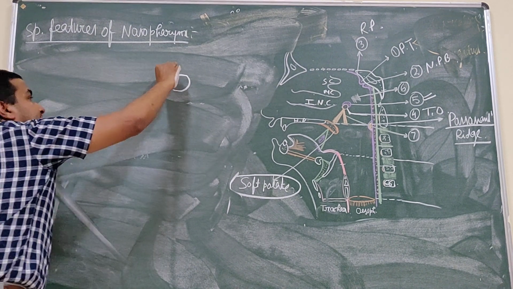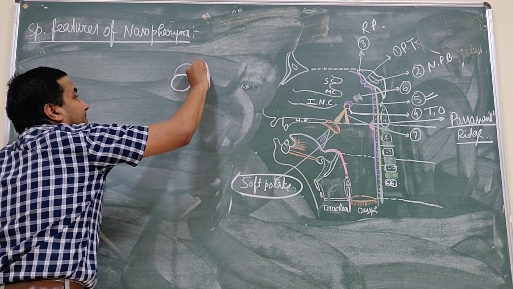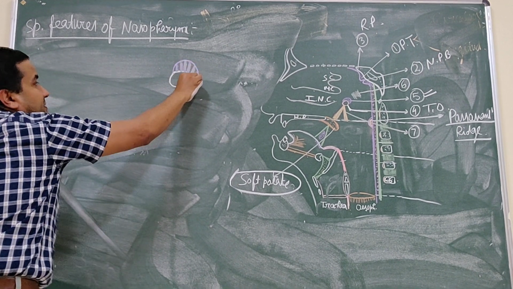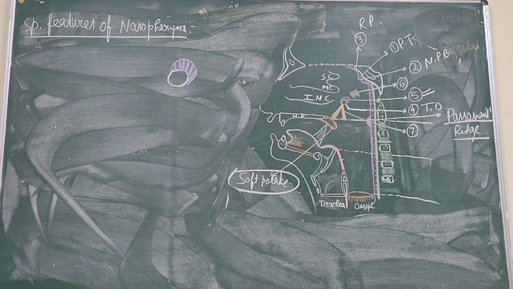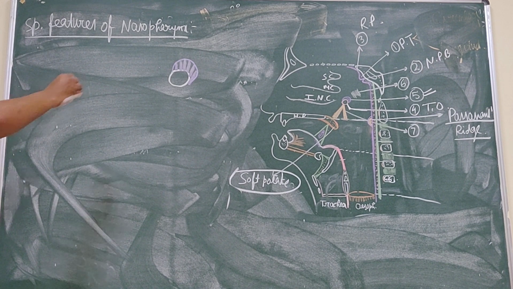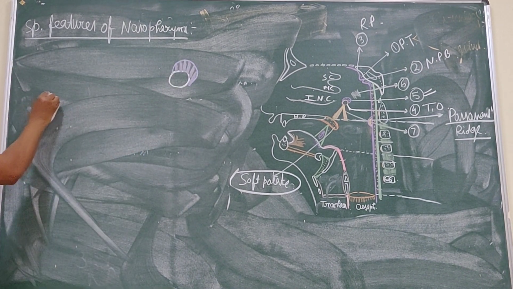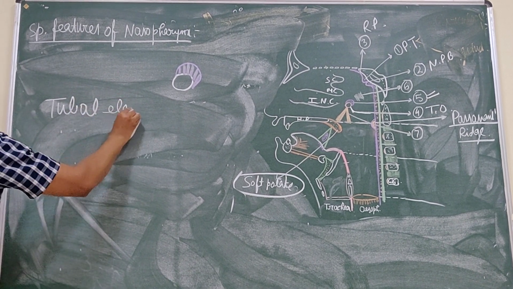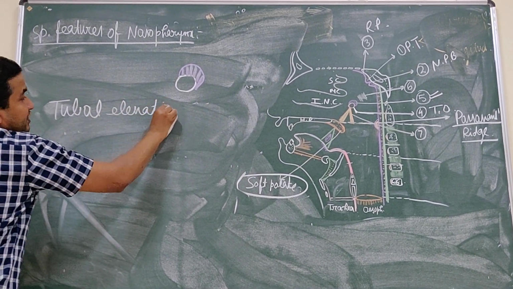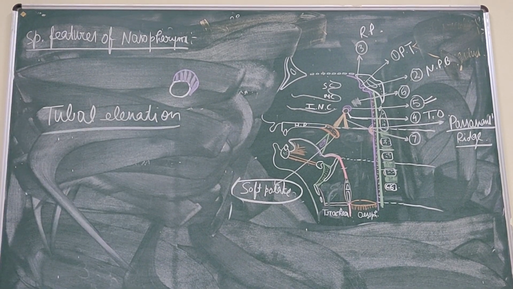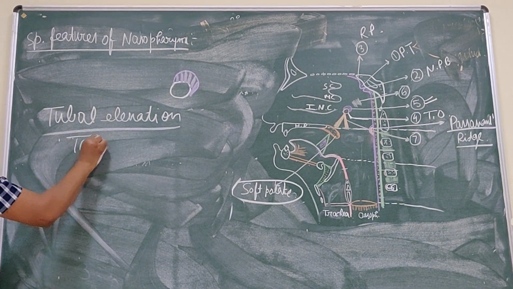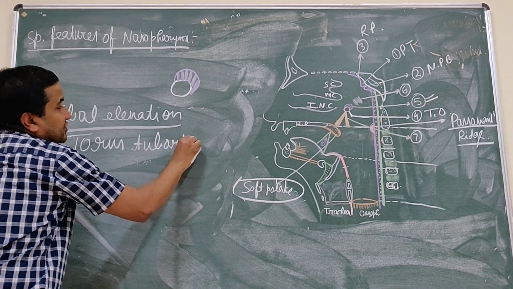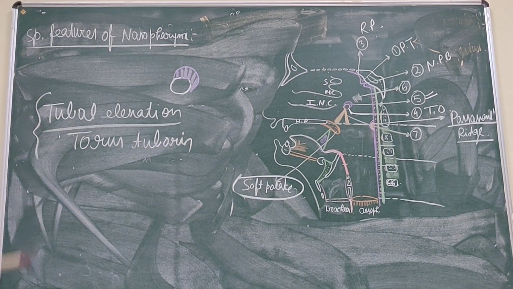Posterior to the tubal opening, there is a bulging, and this is known as the tubal elevation, or torus tubarius.